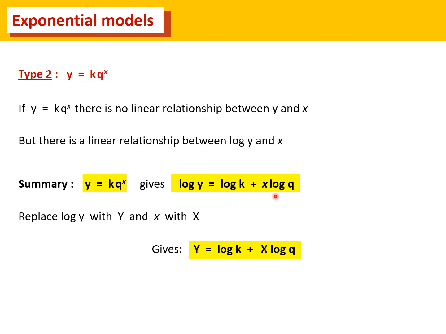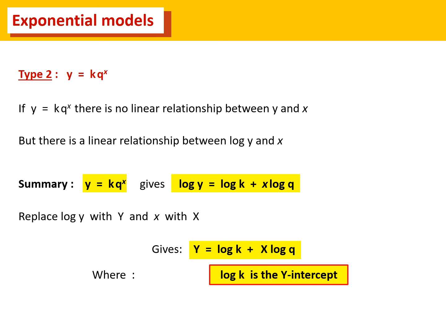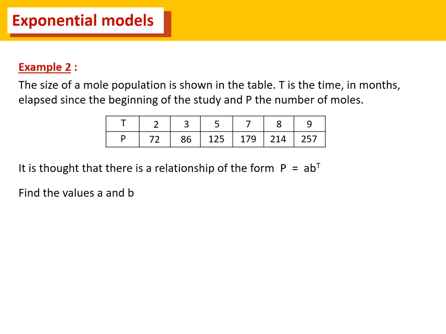That's what we get when we take logs, and then when we do our substitution, this is our straight line relationship. And from that we can see that log k is the y-intercept on our straight line, and log q is the gradient.